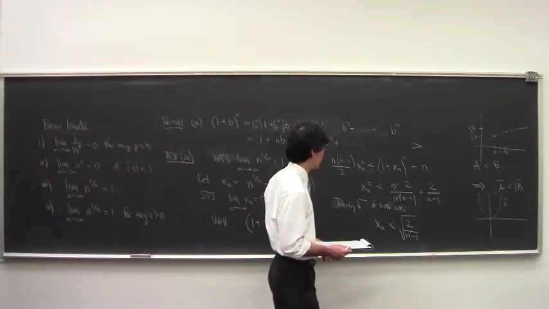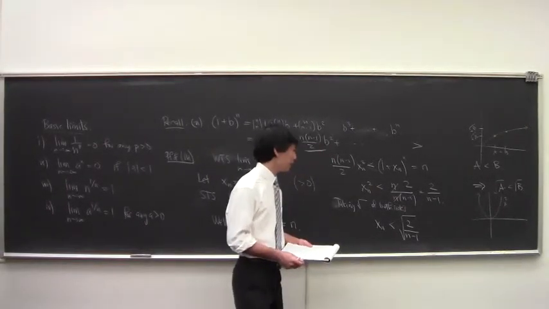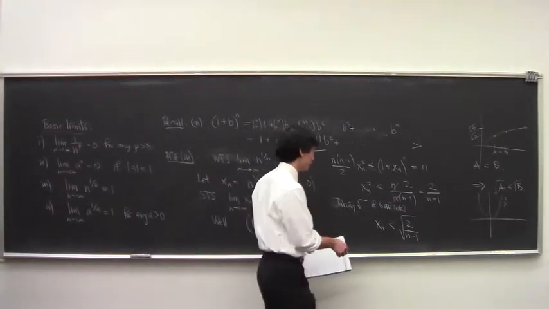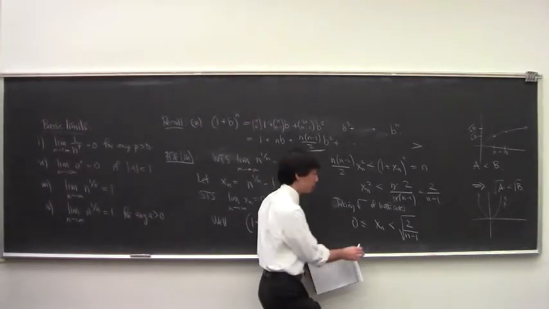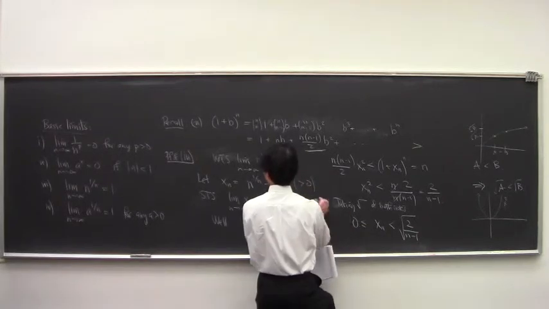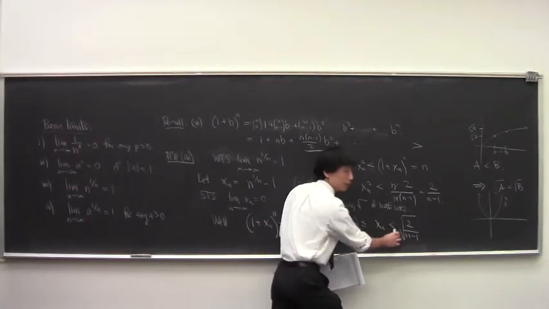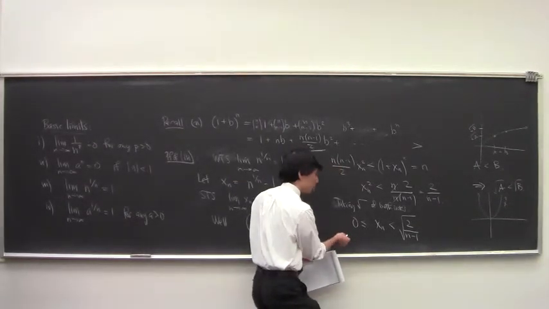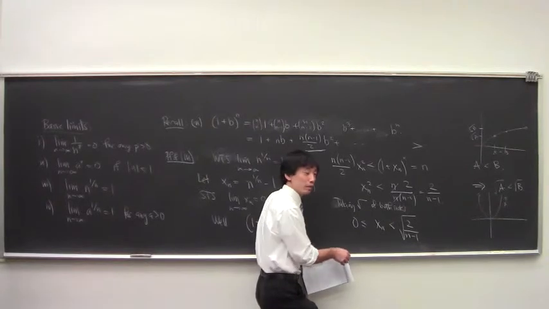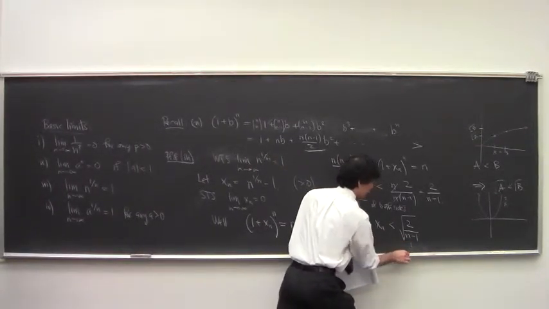So could you take the limit of both sides? Well, not exactly. Here's what you have. x of n is positive, and it's bounded above by this, right? So you can use the squeeze theorem. Take the limit of this: the limit of this is 0, and the limit of this is 0.